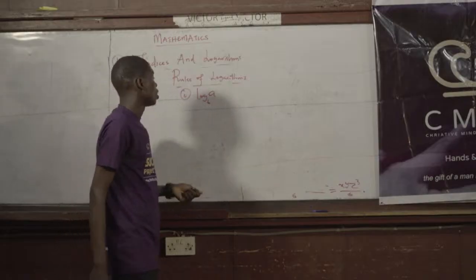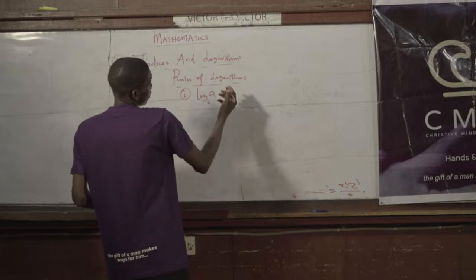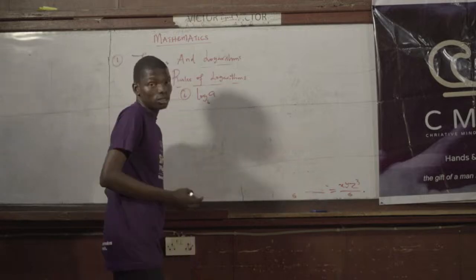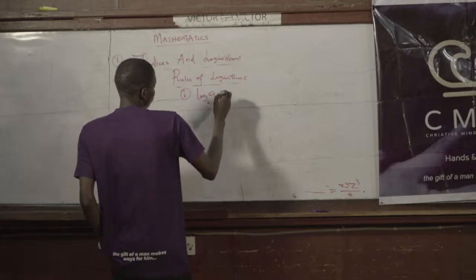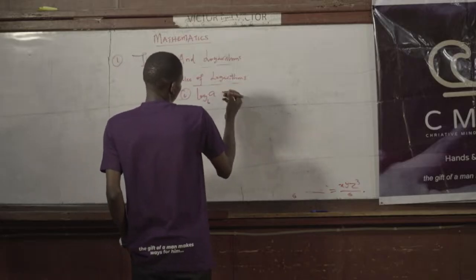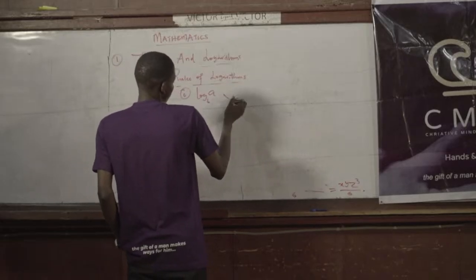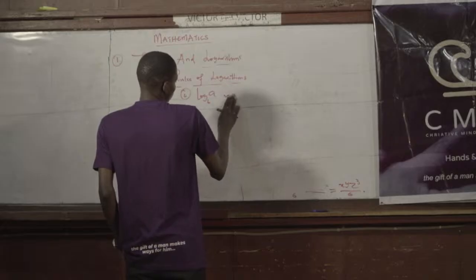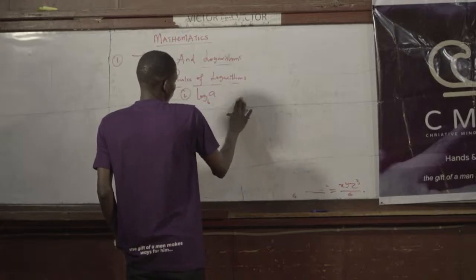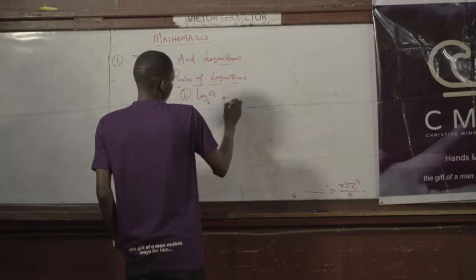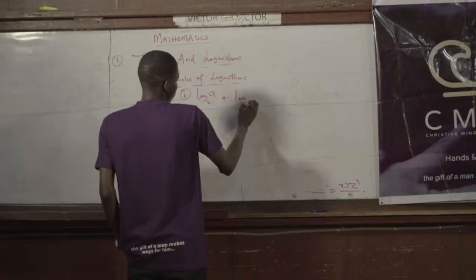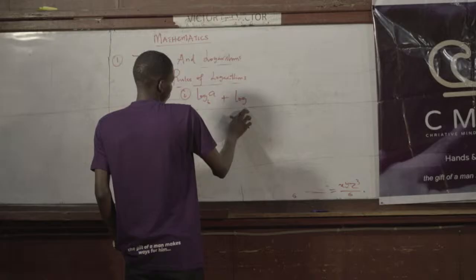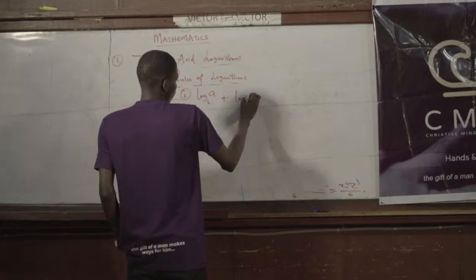Now, just like the indices rule that we talked about earlier, this one also, if there is multiplication between them, or let's start from here, let's say it's plus that is between them of log of C base B now.